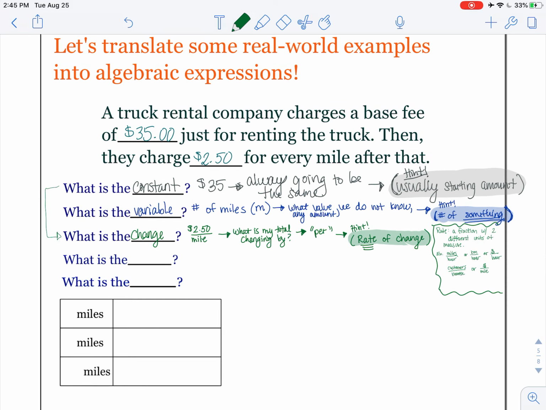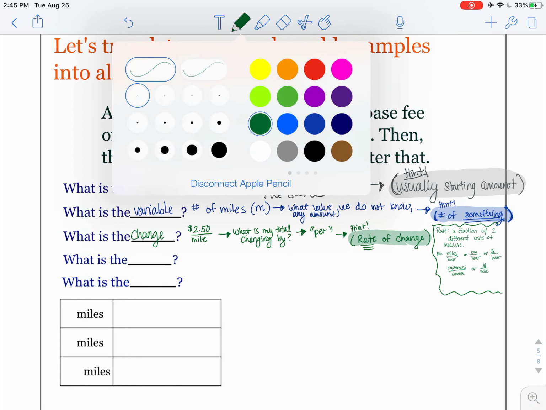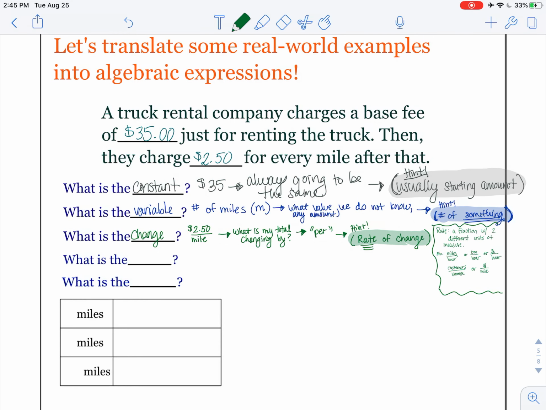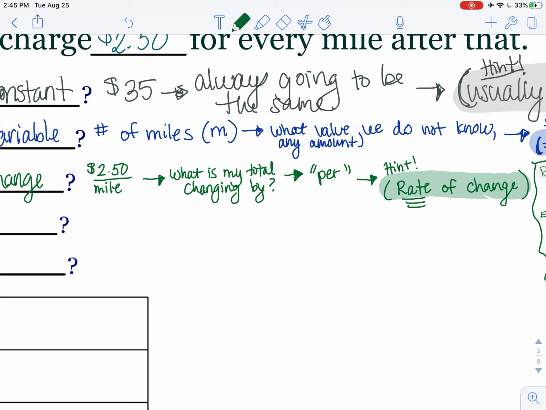That is where some people get confused when they're looking at constants and change. Some people will say, oh, the constant is $2.50 because that's how much they pay for every mile. They're constantly paying $2.50 every mile. True, but it's changing their total. $2.50 per mile and then $2.50 per mile.